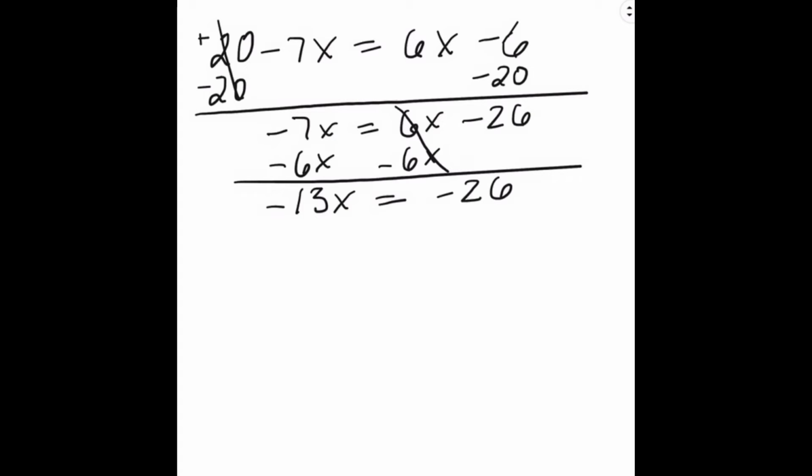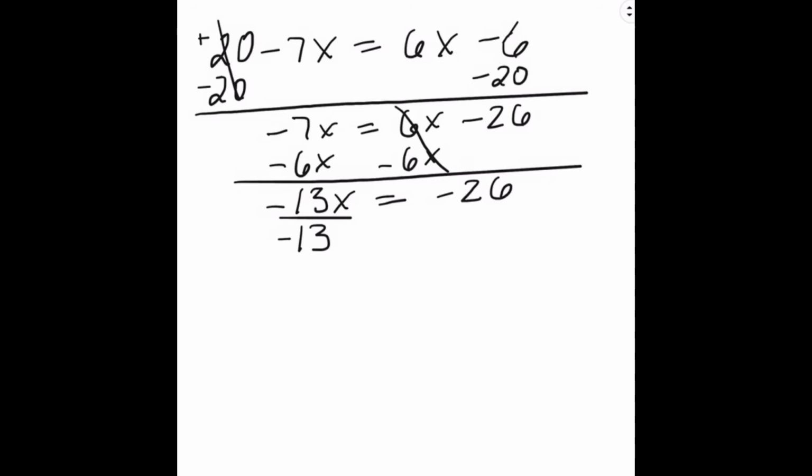The answer is becoming more clear now, isn't it? Now, what is the inverse operation to multiply? Divide. So we have to divide here. The same thing, 13, negative 13. And I like to put the number I'm dividing by right underneath, so it's really clear.